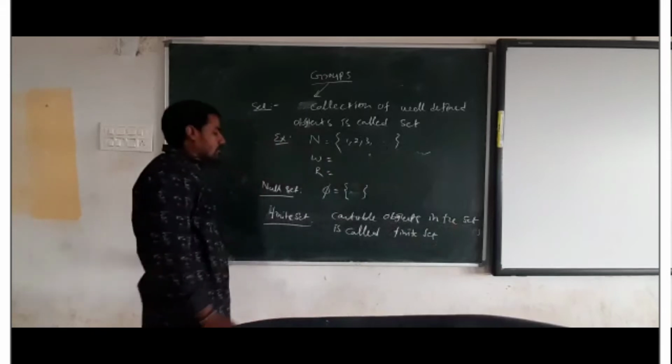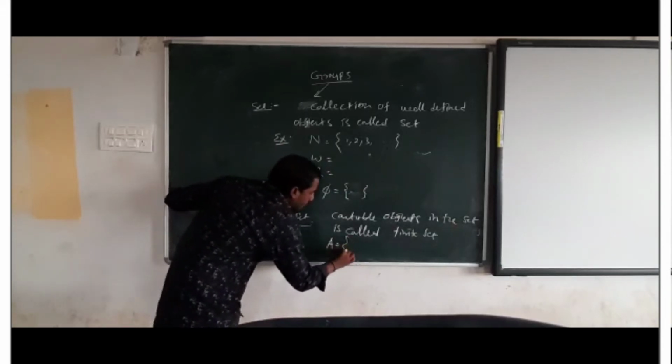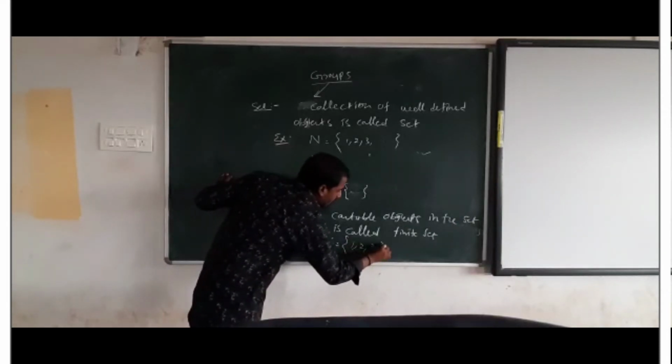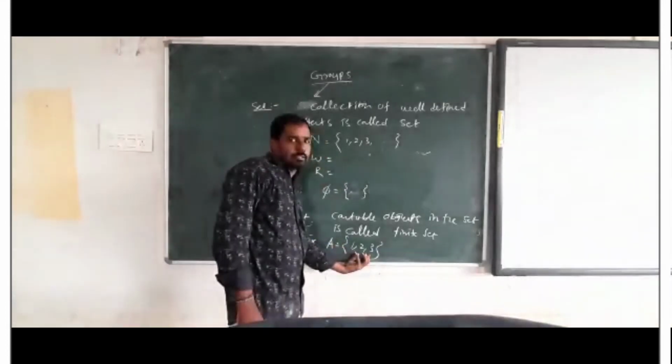For example, take a set named capital A equals 1, 2, 3. This is countable. There are only 3 elements in the set.